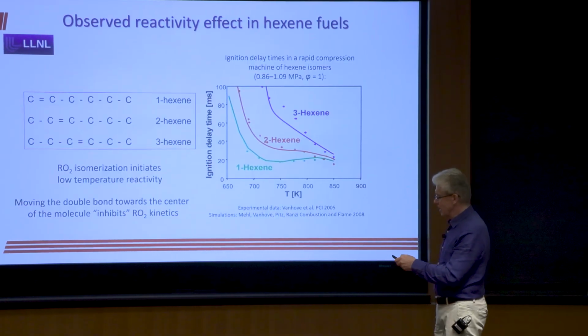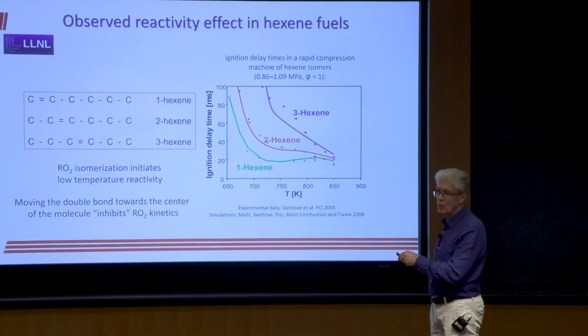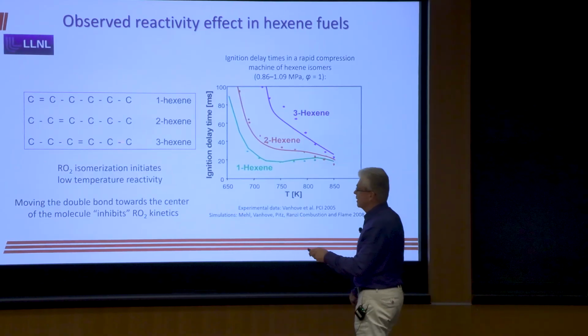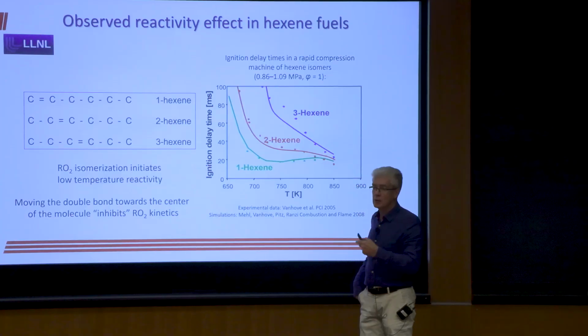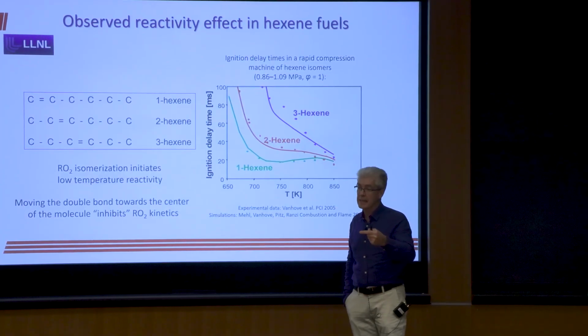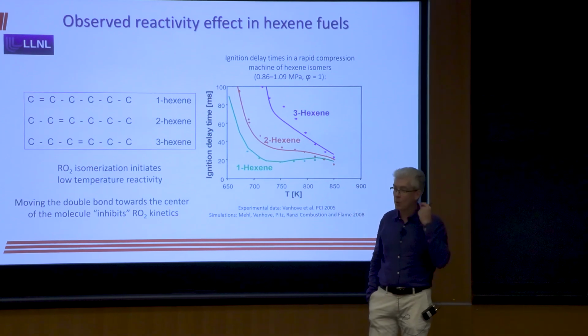And because you have it on the 2 sites here, and then say you abstract on the primary side here, well, the rate constants for abstraction at the primary site are going to be lower than for abstraction at the secondary sites. Why? Because the CH bonds at the primary site are higher by about 3 kilocalories per mole.